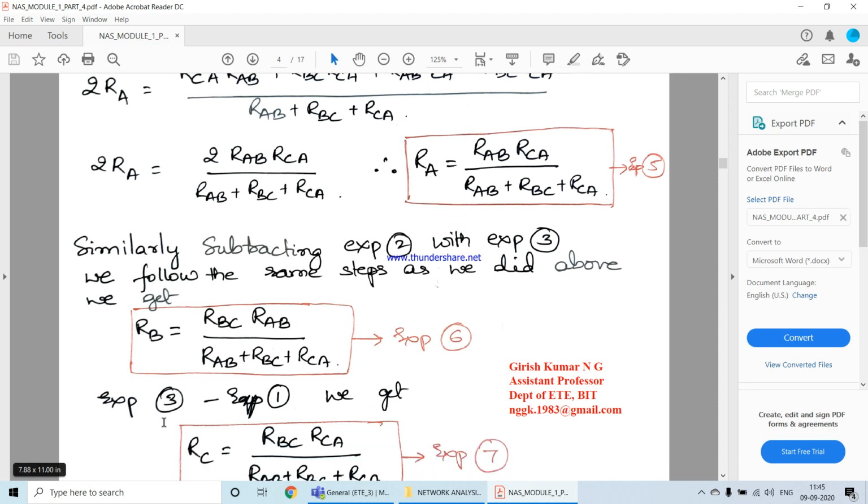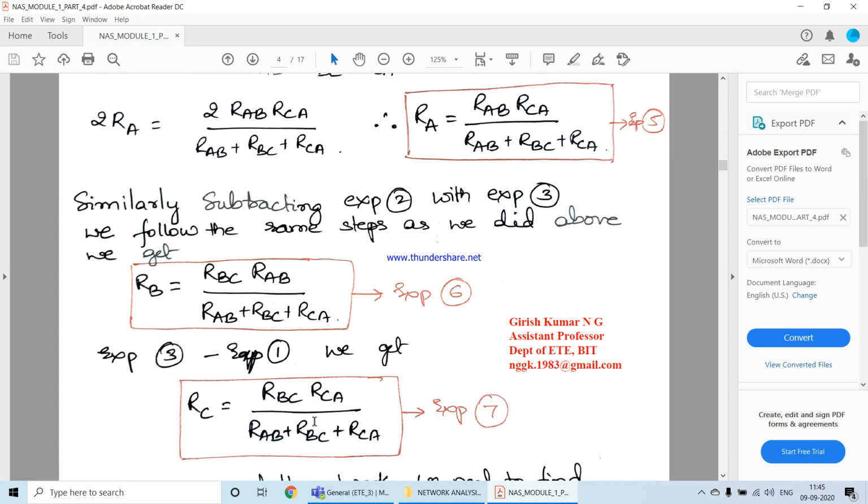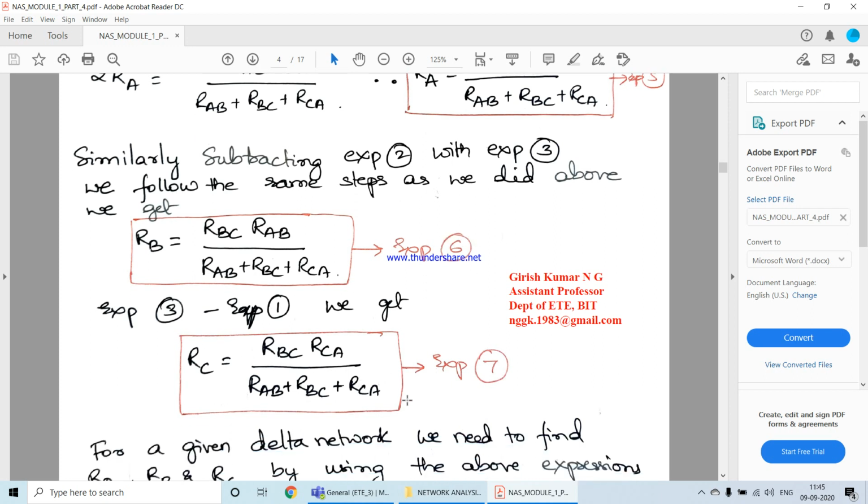Similarly, if you subtract expression 3 with expression 1, the result of subtraction is added with expression 2. Then you finally get RC, which is RC equals RBC into RCA divided by RAB plus RBC plus RCA.